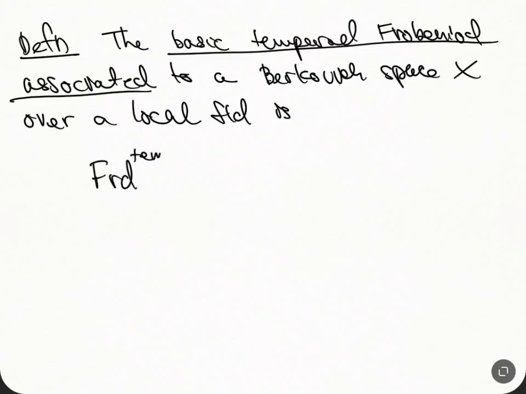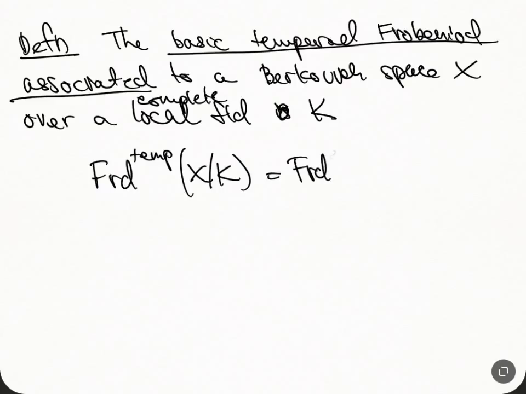I'll just call it tempered of X over K, so let's say a complete local field. This is going to be the model Frobenioid with all the stuff that I just defined, with Div.